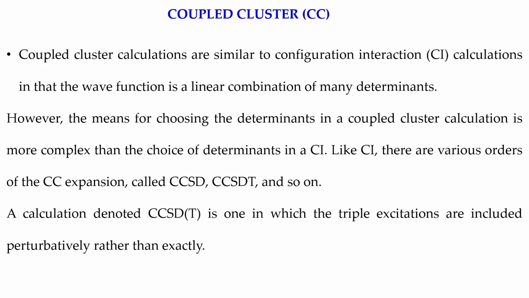We first take many determinant wave functions and then make them a linear combination. However, the means for choosing the determinants in a coupled cluster calculation is more complex than the choice of determinants in CI. So this is tougher to choose.